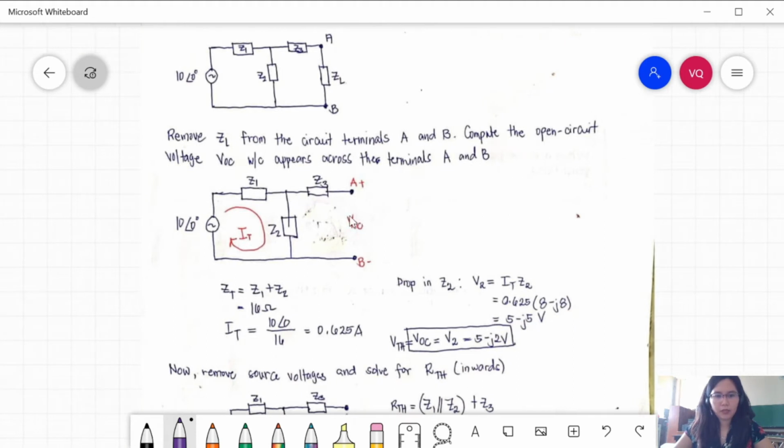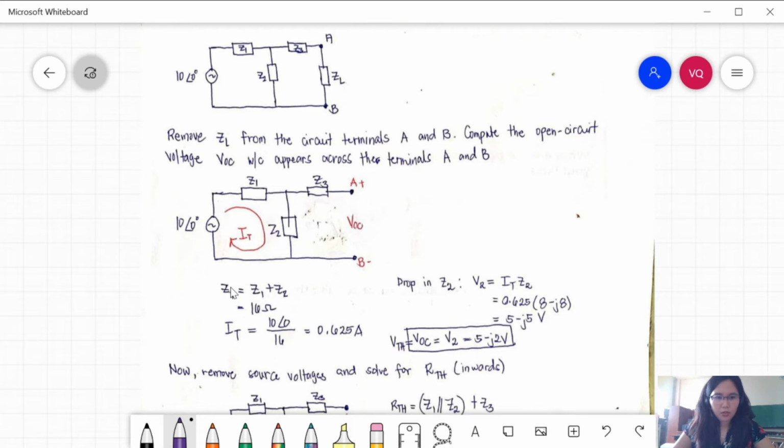So we remove the ZL, and analyzing this circuit, for us to solve for VOC, let us first solve the total current. So IT: since this is an open circuit, there is no current flowing in Z3. So we can say that Z1 and Z2 are in series.